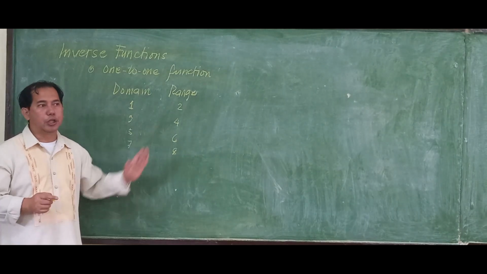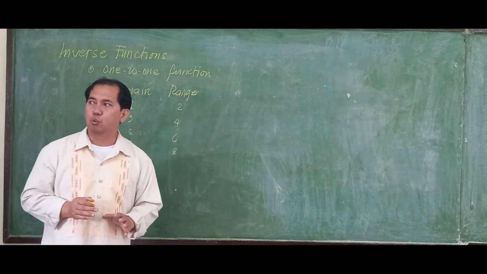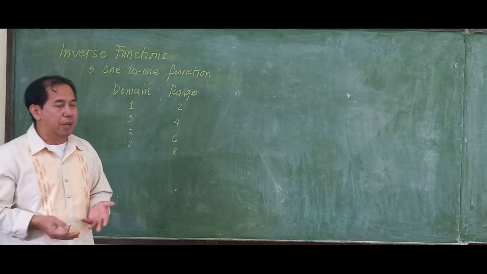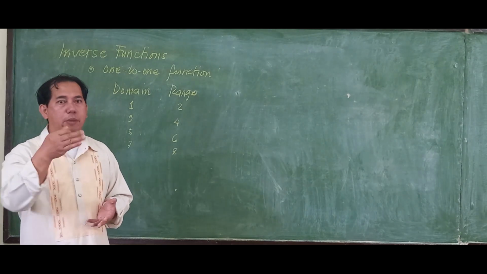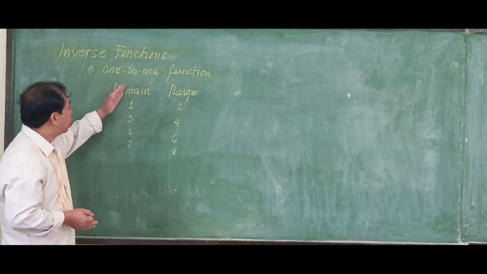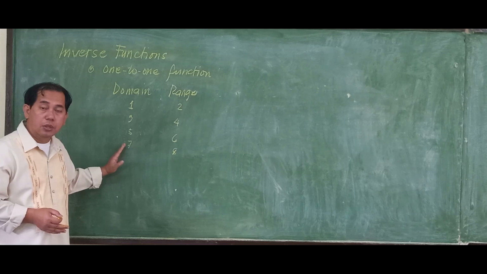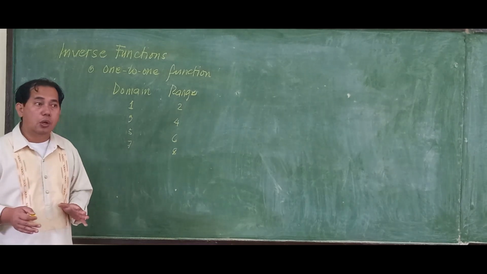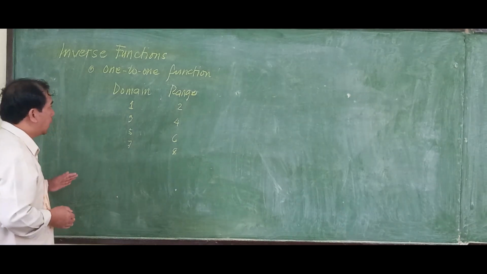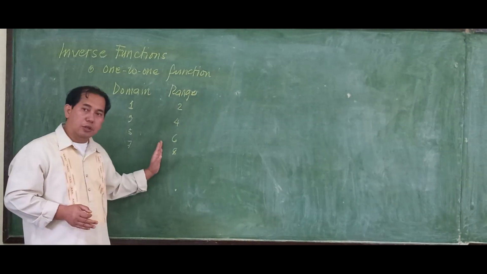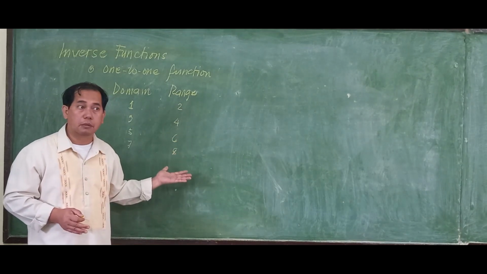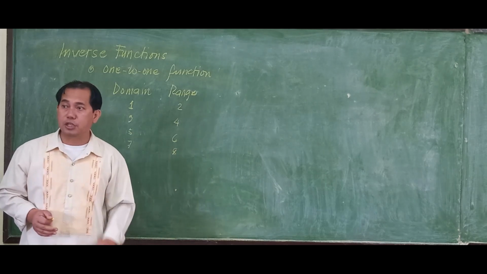Notice that when we defined a function, we said that the elements in the domain are not repeated, so that the relation can be said to be a function. With regards to the range, it is allowed that the elements can be repeated. And so, still that is a function.